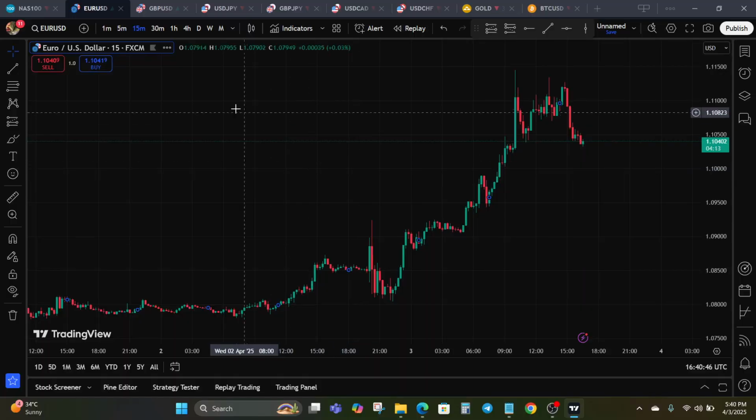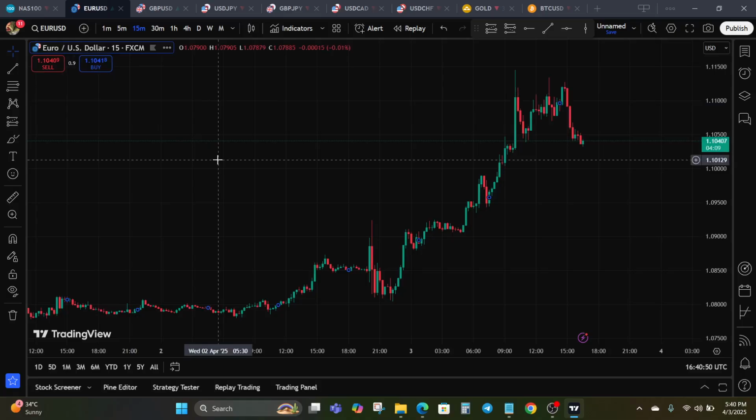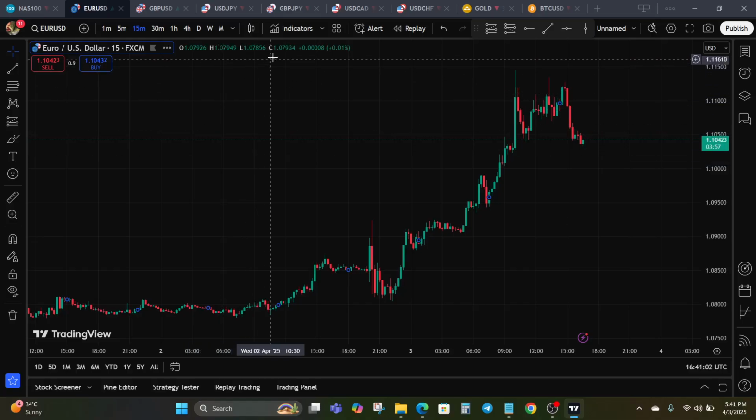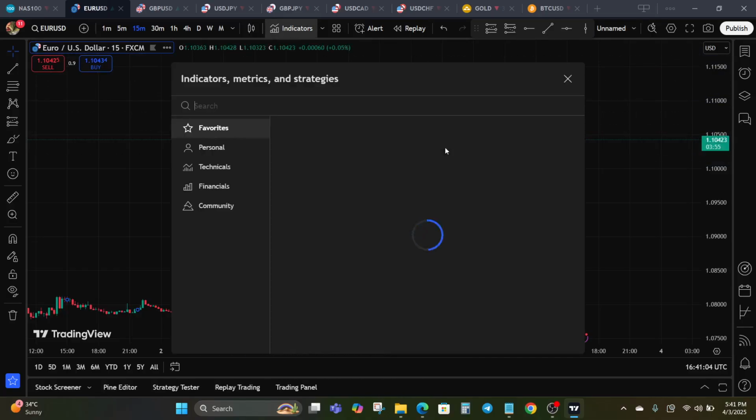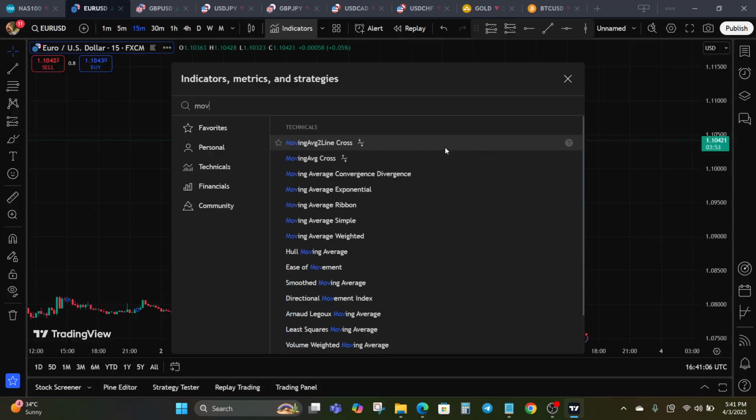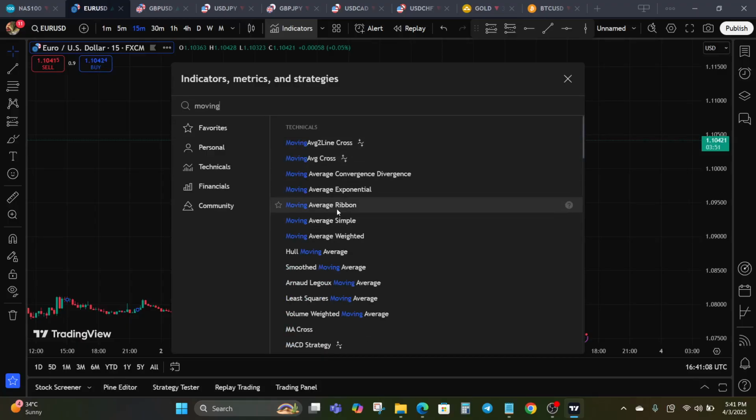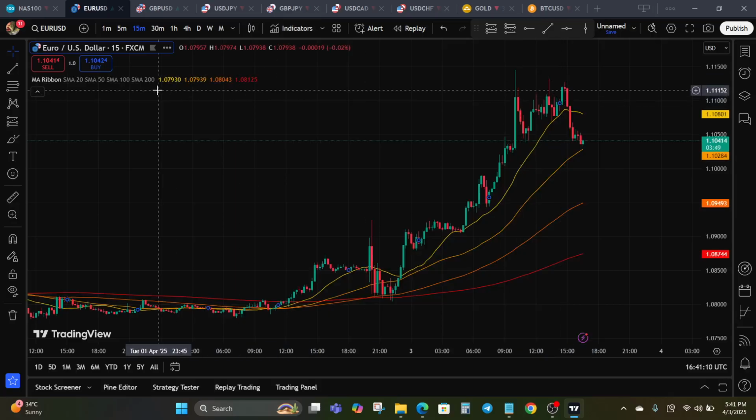To successfully scalp the EURUSD, we need to rely on a few key indicators that help identify market momentum and potential entry points. Here are the most important indicators that we're going to be using for this strategy. As you would expect, we have to use the moving averages. This is one of the most commonly used indicators worldwide.